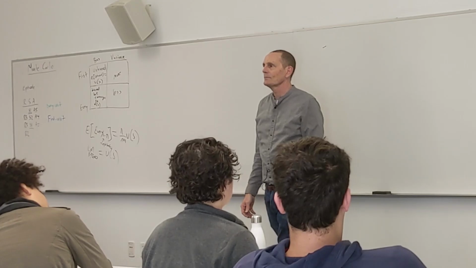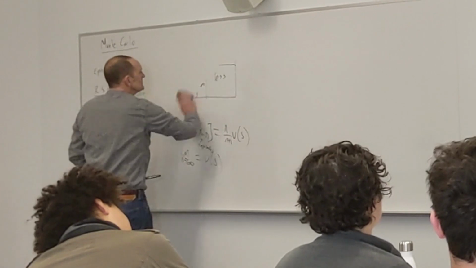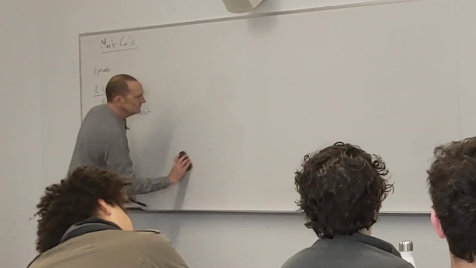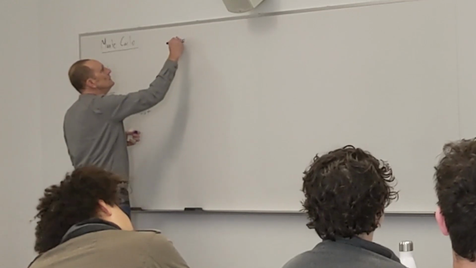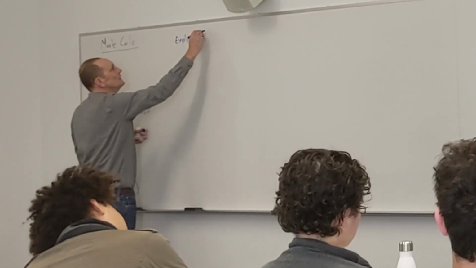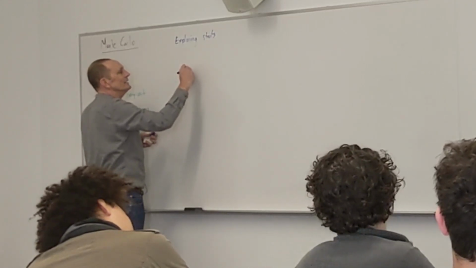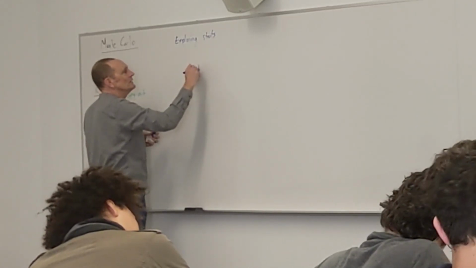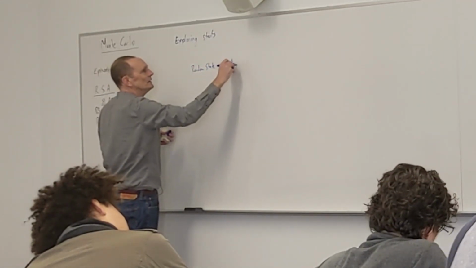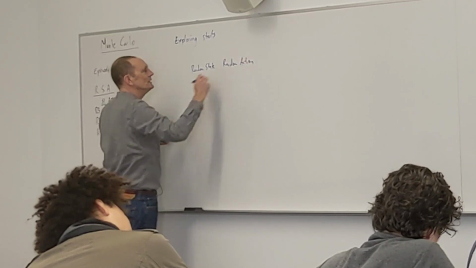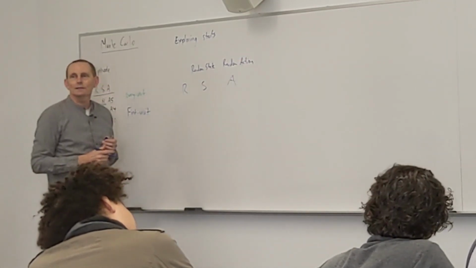Is that clear? So with exploring starts, we start in a random state, take a random action, and then we get the rewards and we start following our policy.